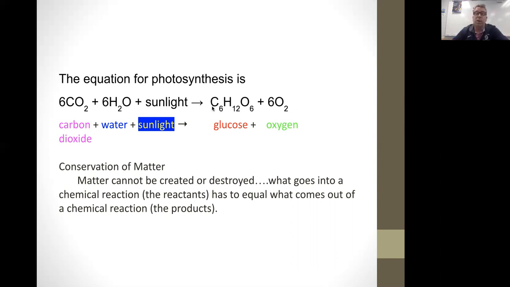We don't lose any carbons. And if you do the math, we have 12 hydrogen atoms, 6 times 2, and then we have 12 over here, and then we have 18 oxygen. So 6 times 2 is 12. So we have 12 oxygens in this molecule, and then we have 6 over here. So that's 18, and you'll find out we have 18 over here. So that's conservation of matter. What goes in has to come out.